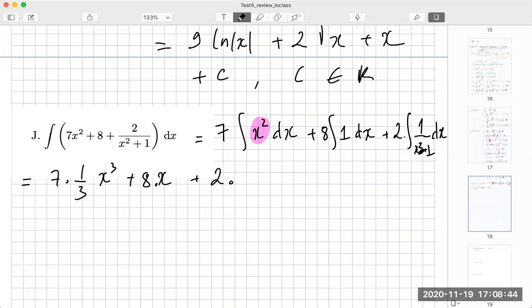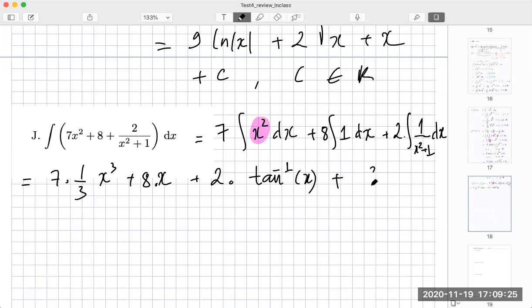What is it? You see the section 5.4 notes? It's the inverse of tan. Perfect. Tan inverse of the variable x.